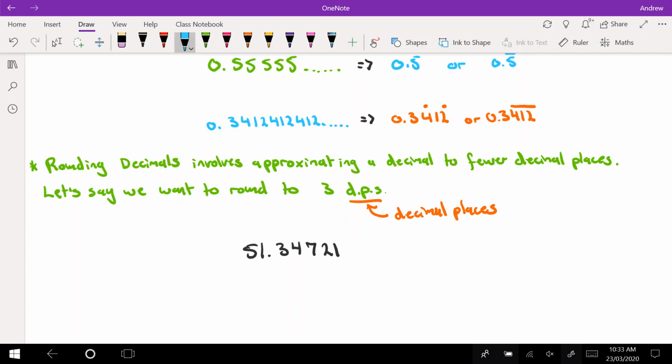So a technique that I like, you go 3, 4, 7, and then you draw a line. It says 3 decimal places, so you go 3 decimal places and you draw a line. We can think of that line as a door, kind of. So we draw a door.